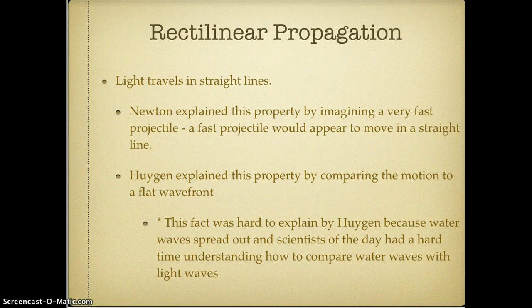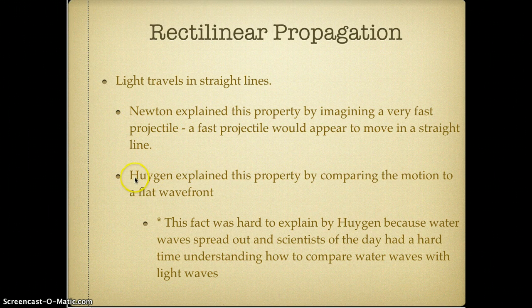The problem we have with light is that the waves are so tiny, with such a small wavelength, that they're really not 100% the same as the water waves that were being used to study them back in the 17th century. There are some things that water waves do that aren't as noticeable with light waves, because light waves have a much smaller wavelength. This fact was really hard to explain, and this is why Newton's particle theory probably gained so much ground.